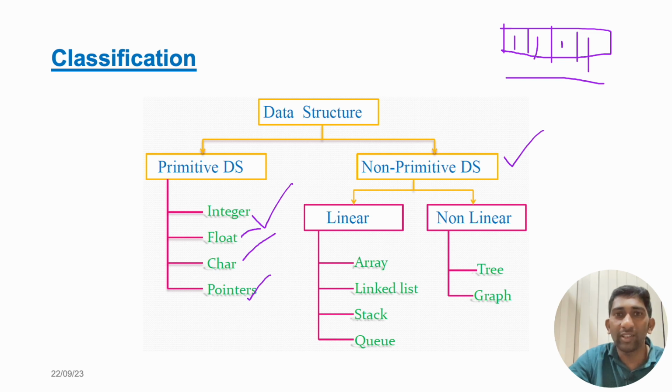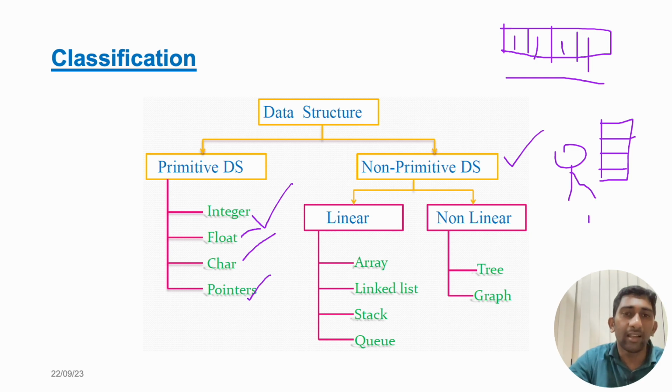For example, if you are organizing all the data in computer memory, there is a relationship between these data items, first element, second element, and you store them like this. Non-linear is the opposite of this: you store the data randomly, some data item here, some here, some here, and another somewhere else. We'll see further how this works.